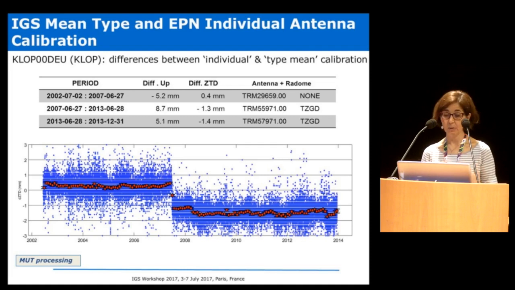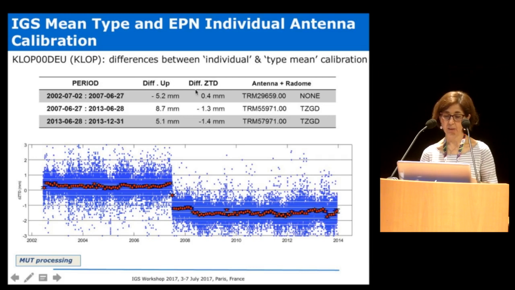But nevertheless, in this Repro2, some solutions were carried out only with the IGS mean type. So what we have done is exactly the same as before: two completely identical solutions, same setup, everything the same, except this model is changed. And we have evaluated the difference in terms of the difference in the up component and the difference in the ZTD.